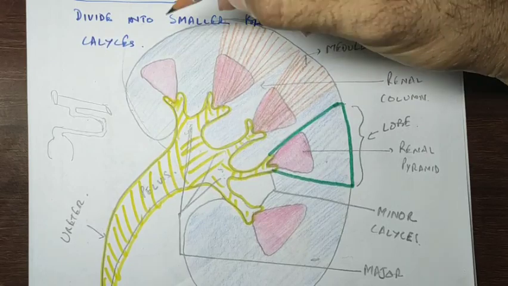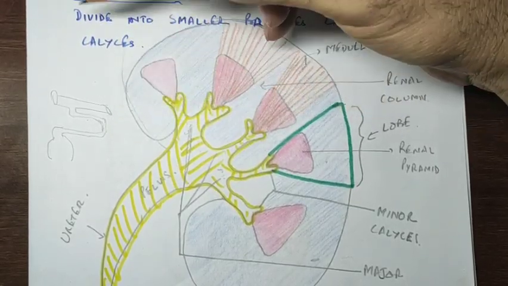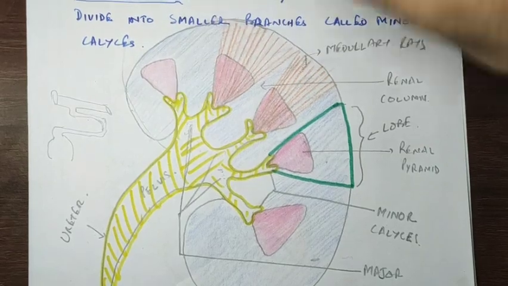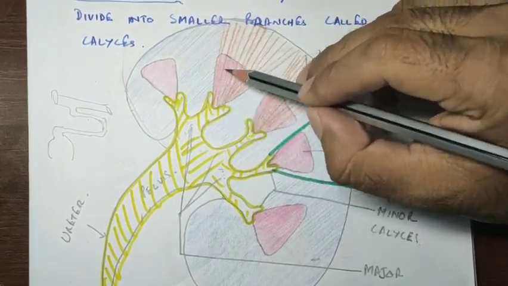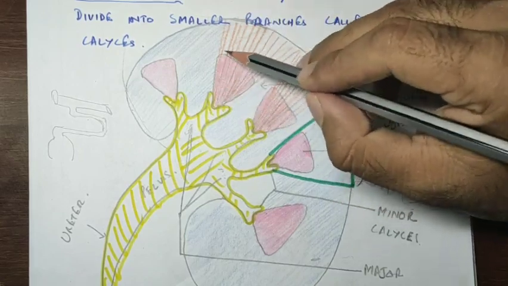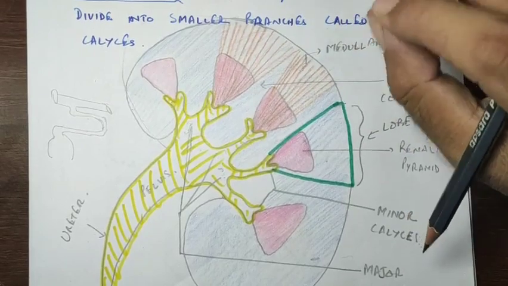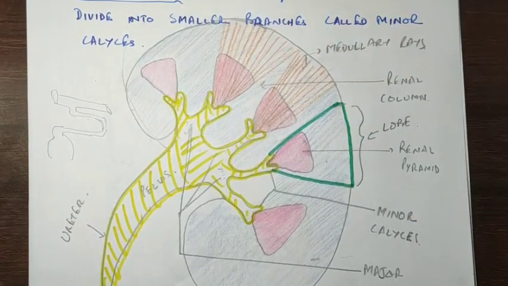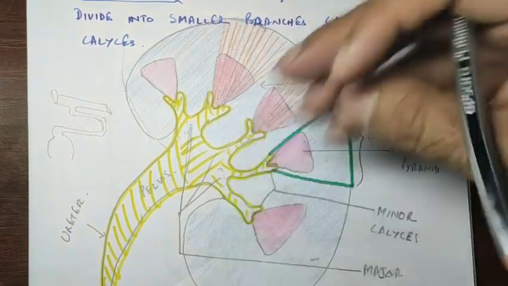So 2 or 3 collecting ducts will come together and form the collecting tubule, and these collecting tubules come towards the apex of the papilla, the apex of the renal pyramid, and they come together to form a bigger duct of Bellini, and this duct of Bellini actually opens at the bottom of the papilla, through which the urine will be poured into the minor calyces.